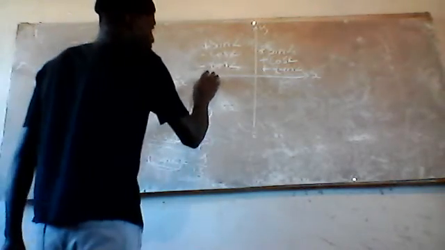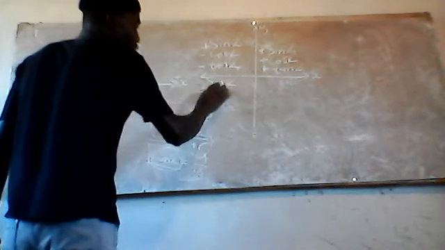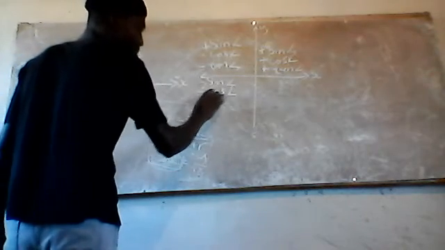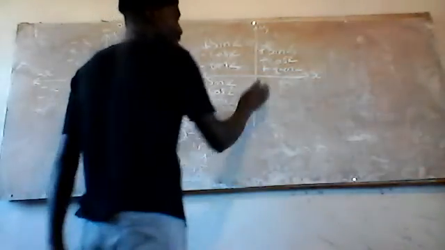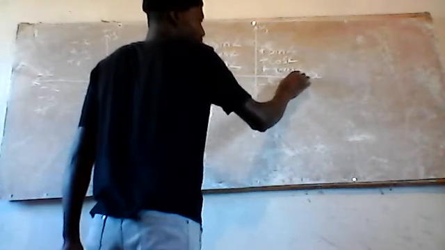Moving on to the third quadrant, I'm going to be having my sine as negative there and also my cos as negative. And lastly, my tan will be positive in that quadrant. You can prove it using this method. Moving to the last quadrant, which is the fourth, I'm having my sine there also as negative.